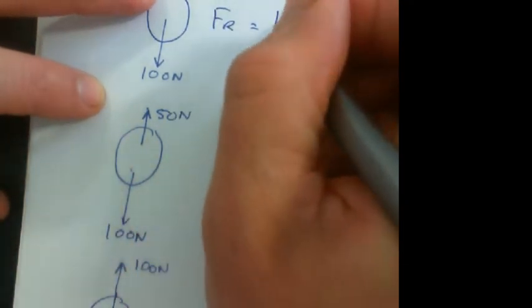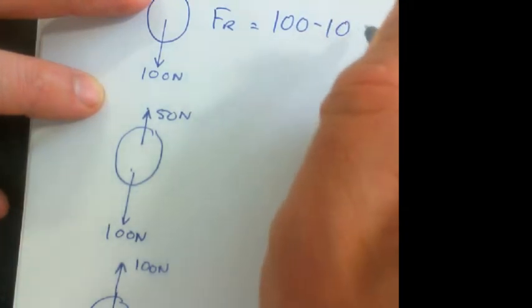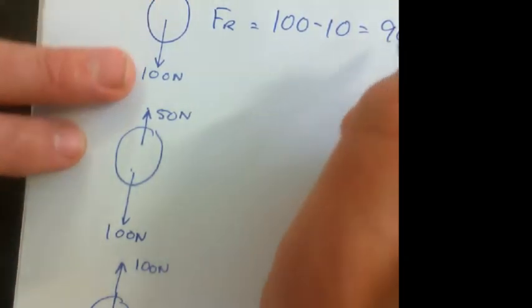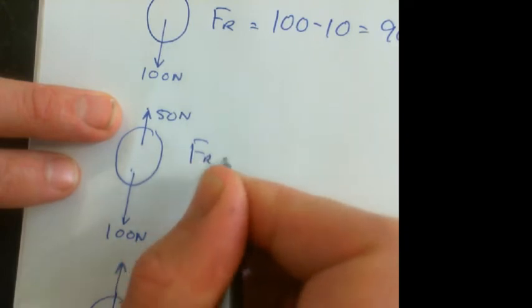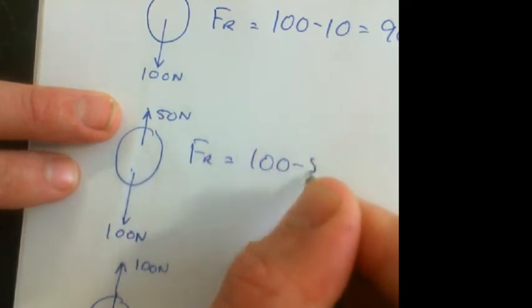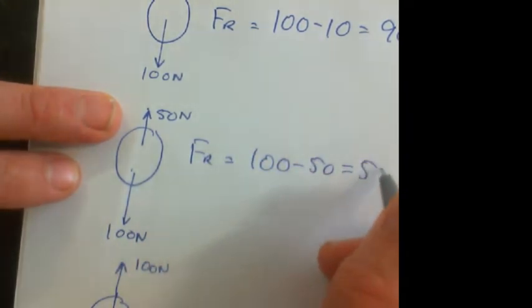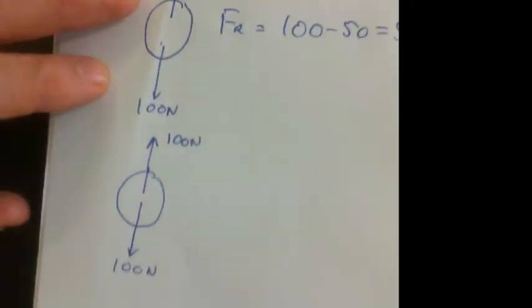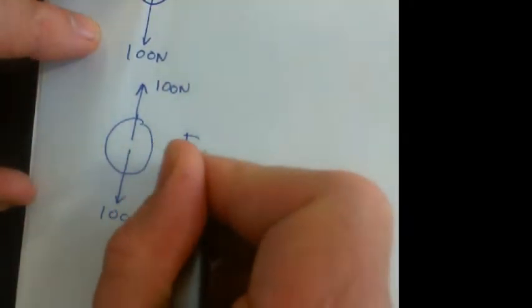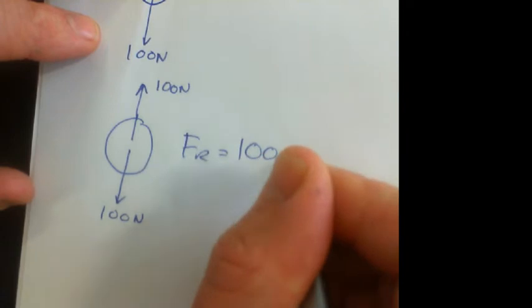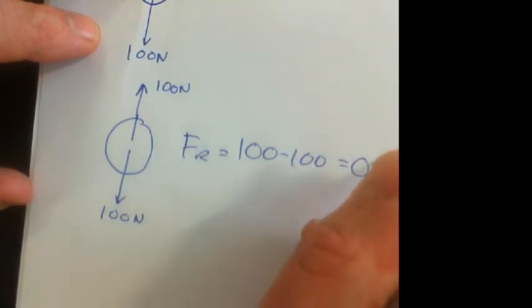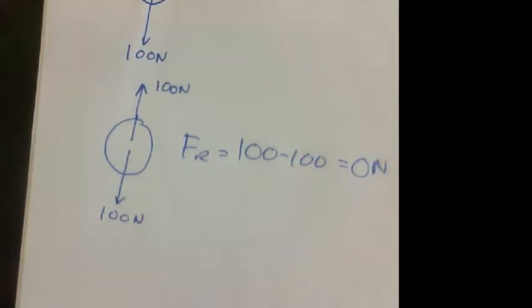So that one is going to be 100 minus 10, so that equals 90 newtons. This one is going to be 100 minus 50, so 50 newtons. And this one is going to be 100 minus 100, so that equals 0 newtons. And this one is known as terminal velocity.